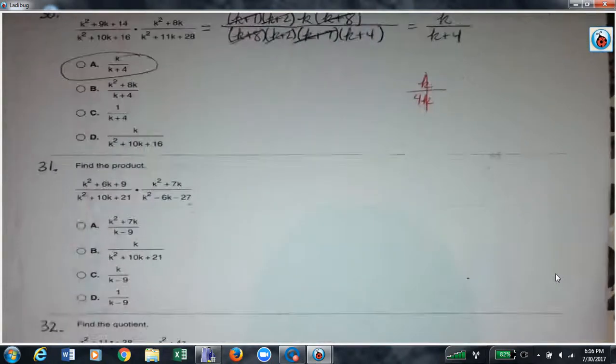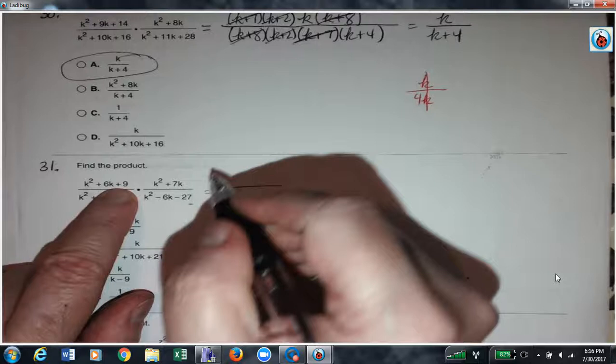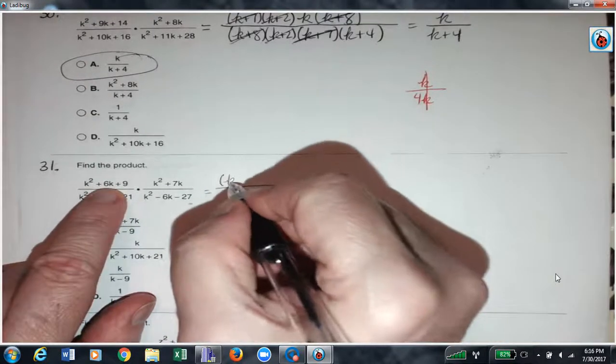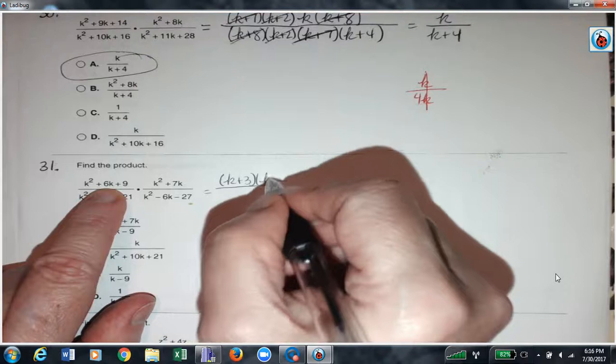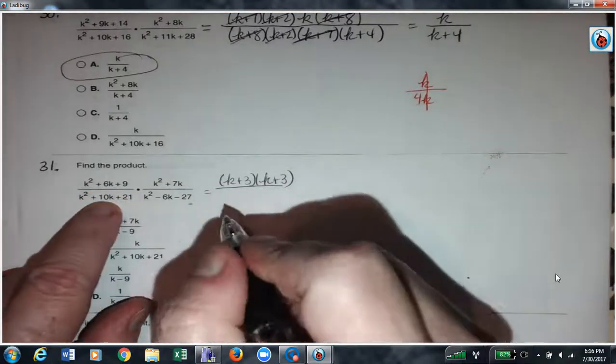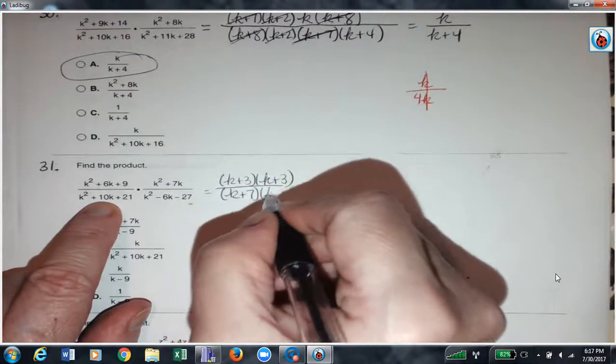Find the product. I'll do the same thing again. 3 times 3 is 9, and 3 plus 3 is 6. So that'll be k plus 3 times k plus 3. 7 times 3 is 21, and 7 plus 3 is 10. 7 and 3.